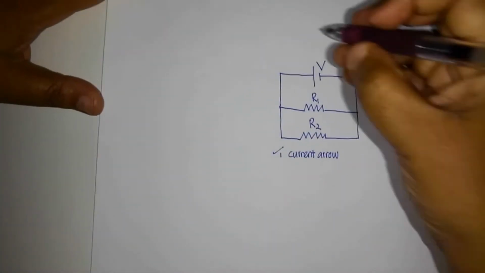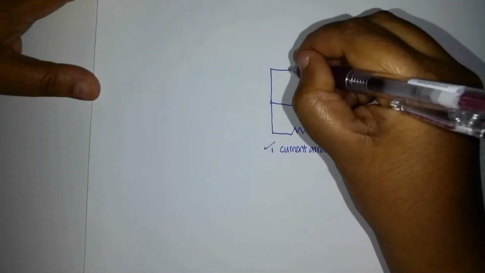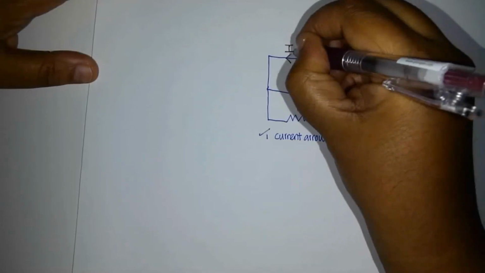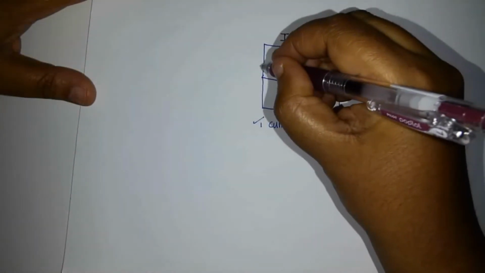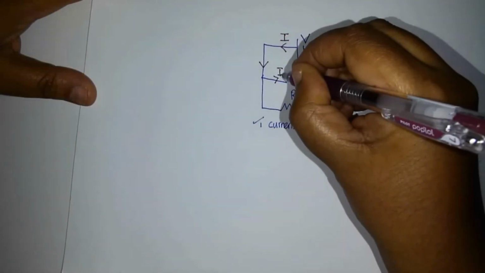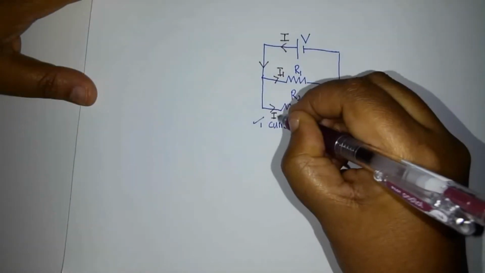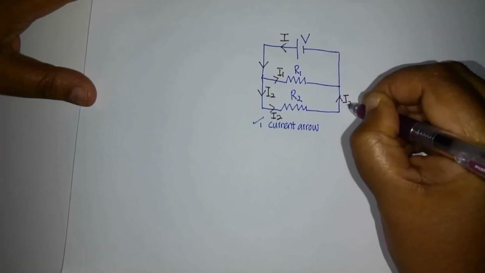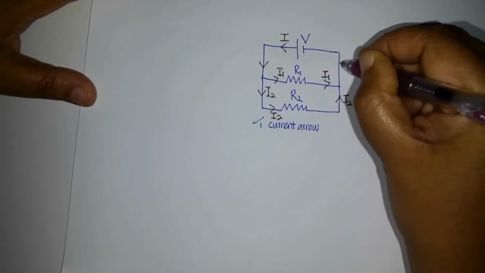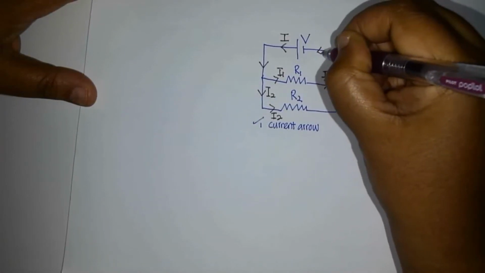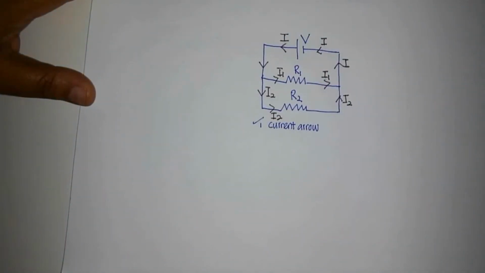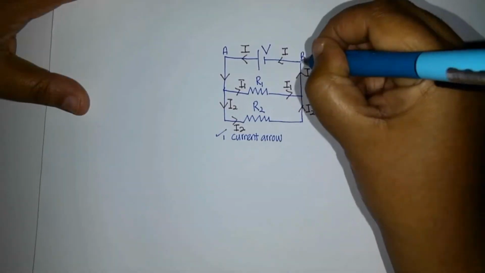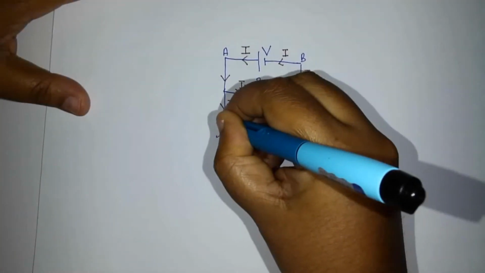Because this is an EMF, I choose to draw the direction of the current arrow from the positive terminal, I. So here will be I1, here will be I2, then here also I2, then here is I1, and then here will be I. And I'm going to label each point as A, B, C, D, E, F.